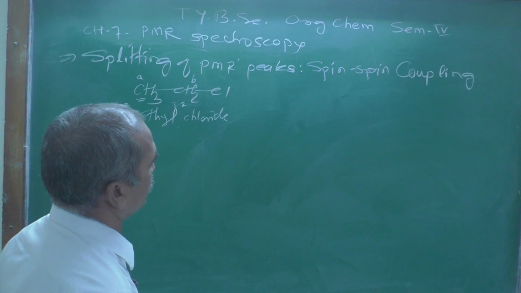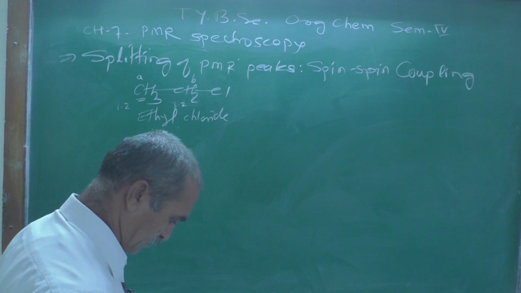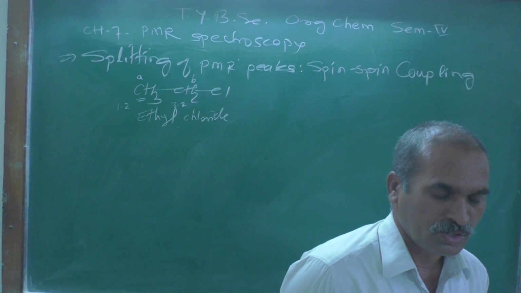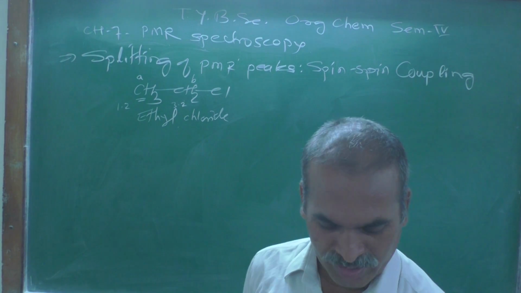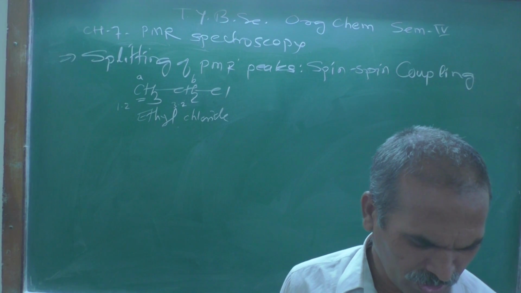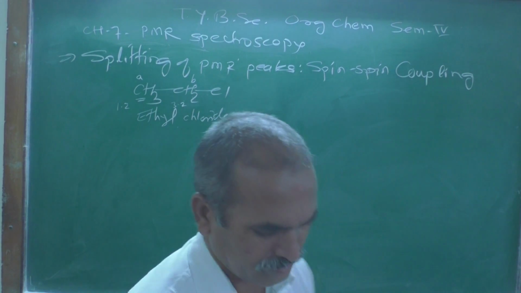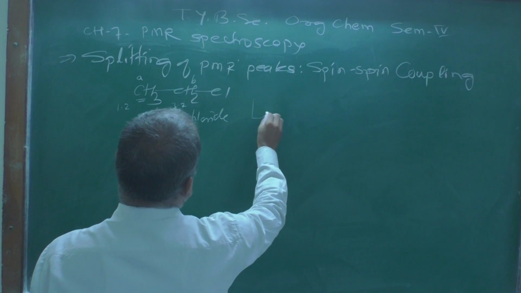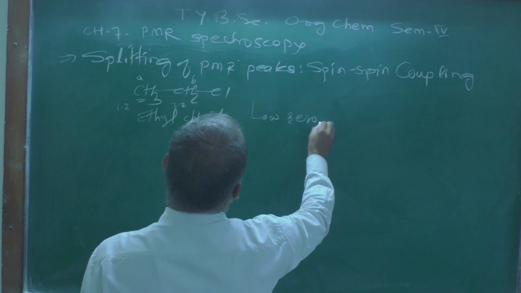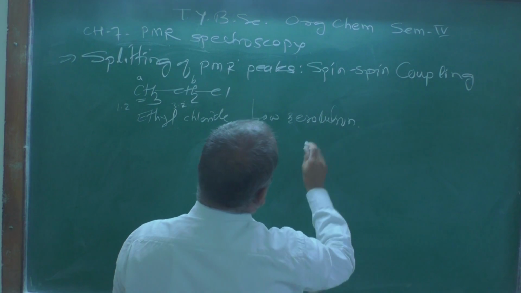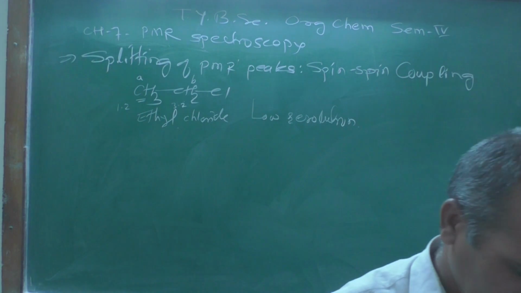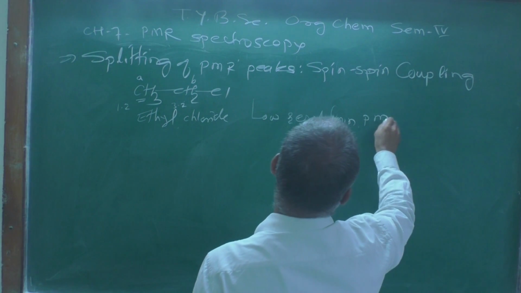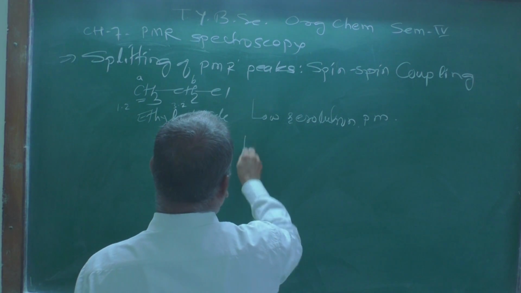Now there are 2 types of protons observed in this structure. If you run the spectra in a low resolution PMR, what do you get?